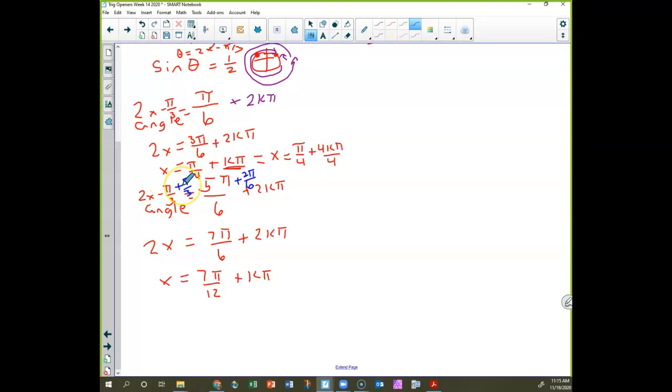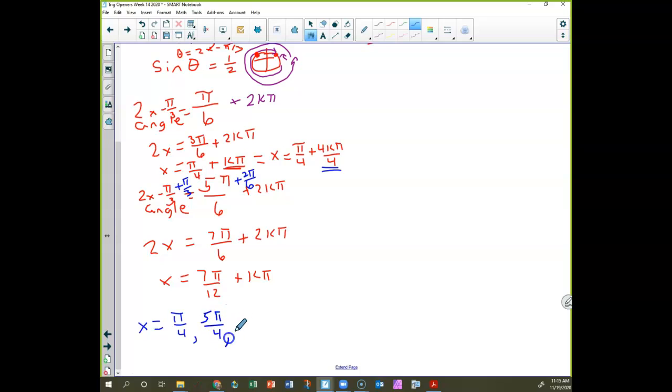Okay. If this problem had just said solve, I'm done. That's it. That's all there is to it. It didn't. It said list the solutions between 0 and 2 pi. Okay, so x is equal to. I'm going to start with this first group. I know pi over 4 is a solution. I'm going to add my period. That's why I find it helpful to have a common denominator. 5 pi over 4 is a solution.